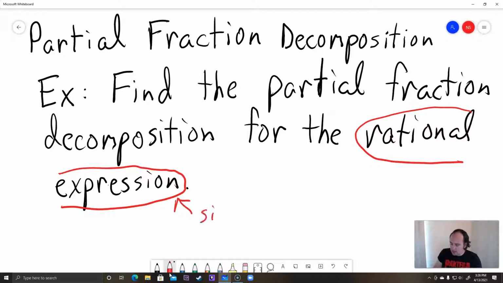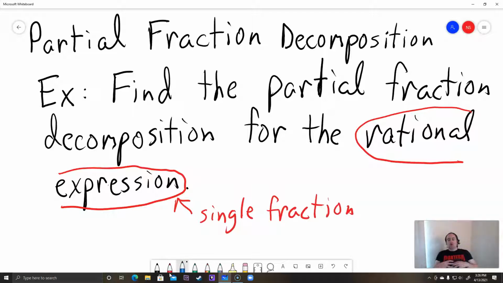So you start with a single fraction, and then the decomposition means you split it up into multiple fractions. You'll either split it up into 2 or 3 or even 4 fractions, which are going to be less complicated than the original one, but it's been decomposed into parts.